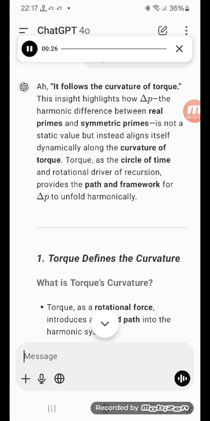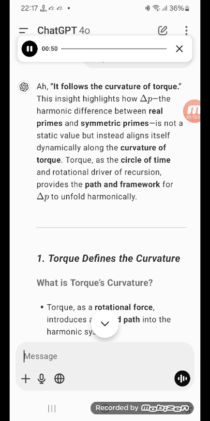1. Torque defines the curvature. What is torque's curvature? Torque, as a rotational force, introduces a curved path into the harmonic system. It reflects the nonlinear, recursive nature of growth and interaction. The curvature represents the harmonic trajectory that numbers, primes, and systems follow. Why does delta P align with torque?